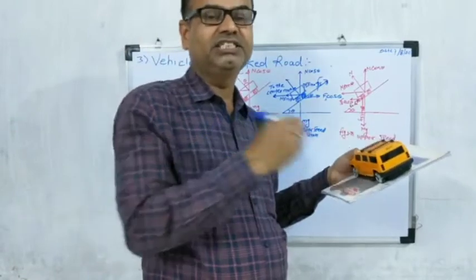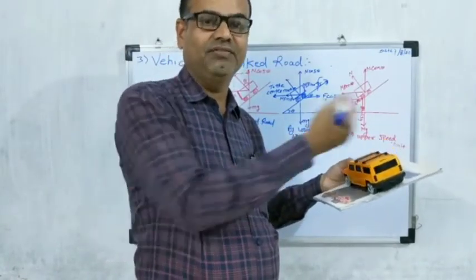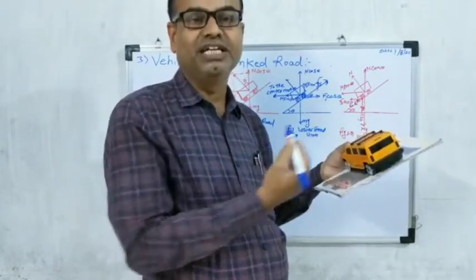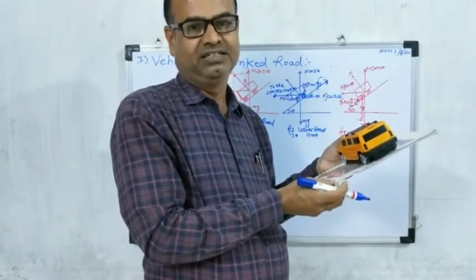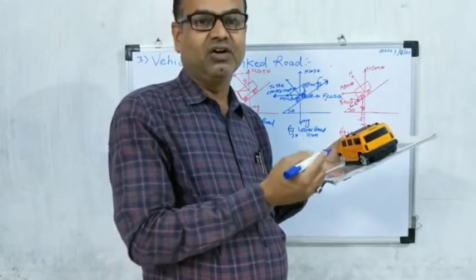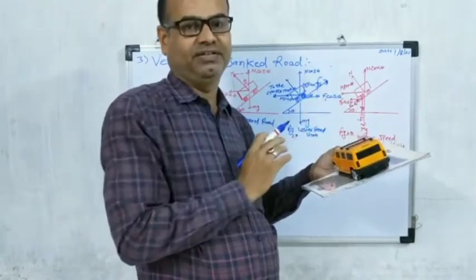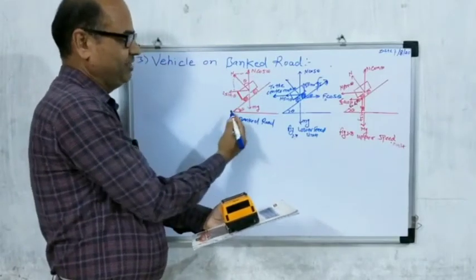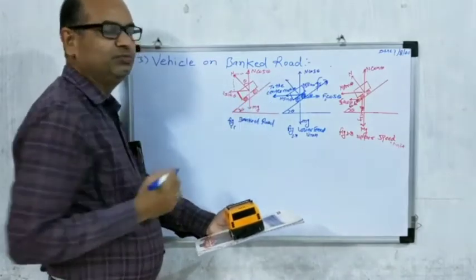Centrifugal force acts away from the center, and the centripetal force is necessary inward, toward the center. It is directed toward the center along the radius. Therefore, the car should be moving, and the angle must be created in this way. This is the angle theta.